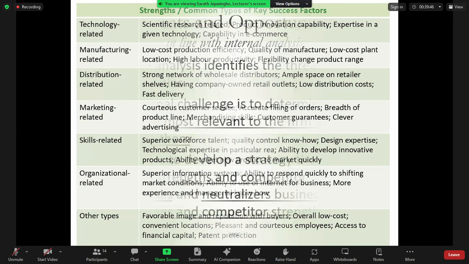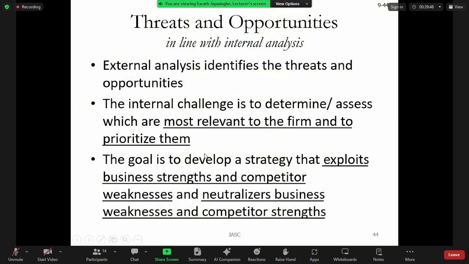You can think about threats and opportunities. In line with internal analysis, you can think about threats and opportunities. As you know, under internal analysis we are doing strengths and weaknesses, as well as from outside, external analysis, we are taking opportunities and threats, right? External analysis identifies the threats and opportunities.